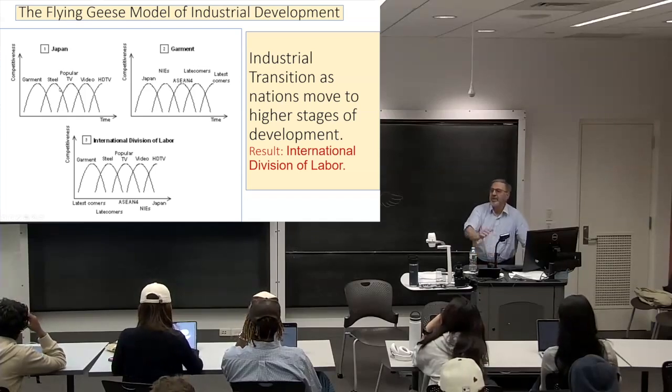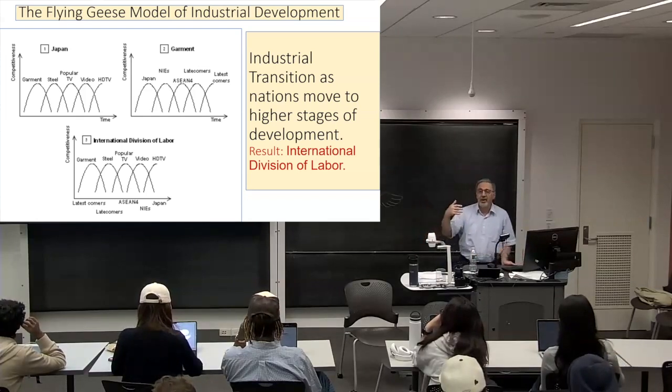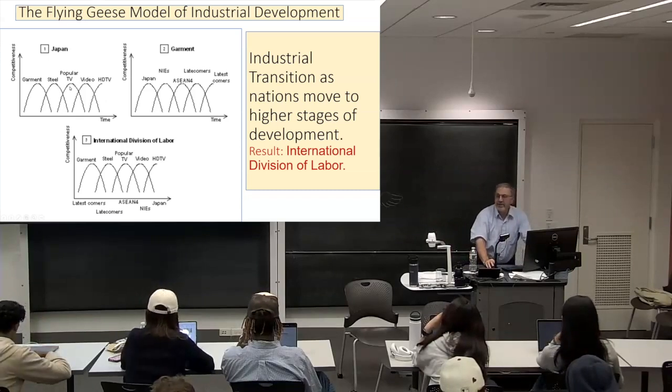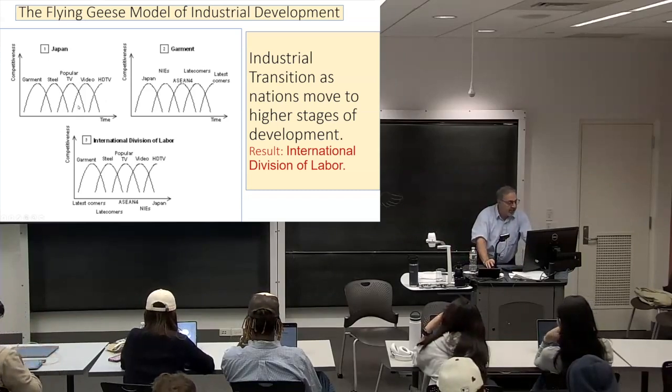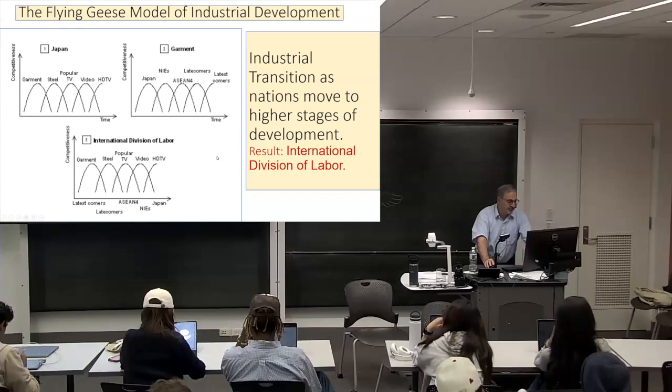The steel industry starts investing in other countries which have cheaper labor. New electronic industries emerge in Japan, and this process continues. So if you look at one industry, you can see that that industry continuously migrates from country to country.